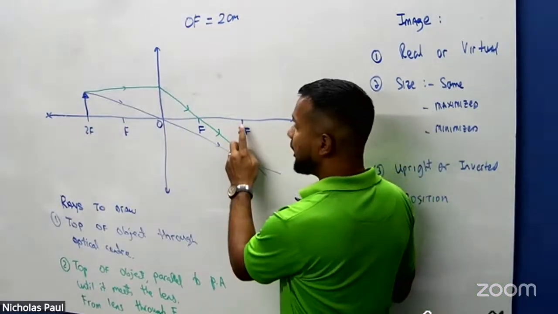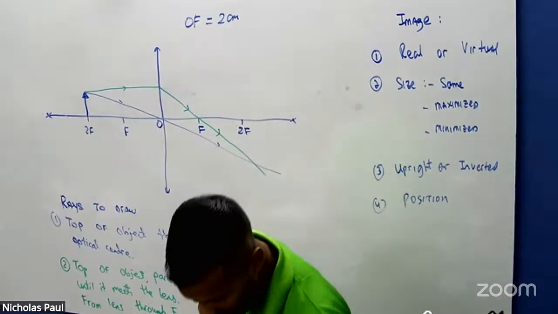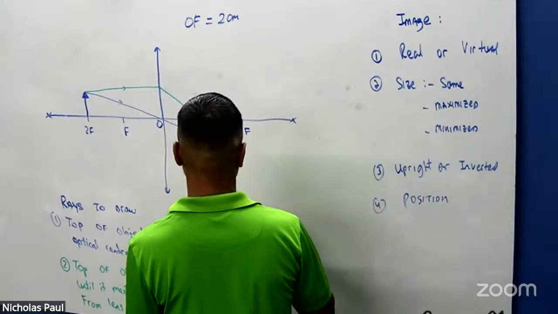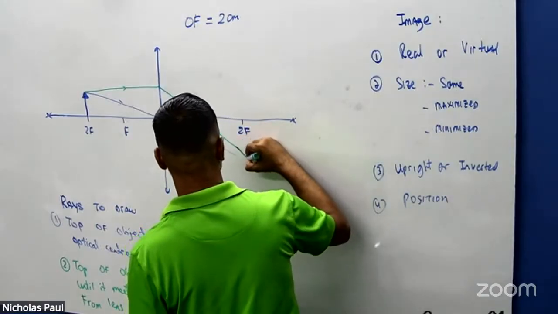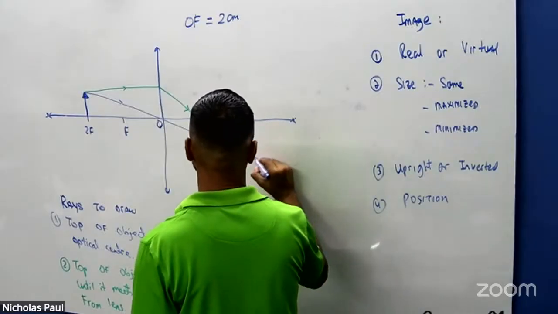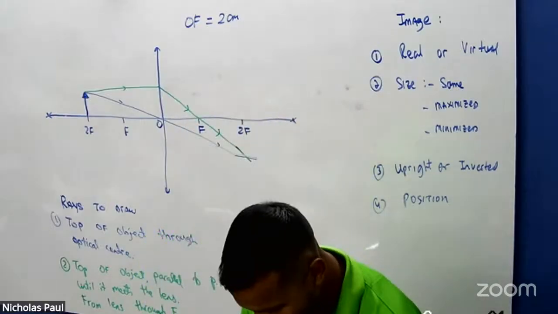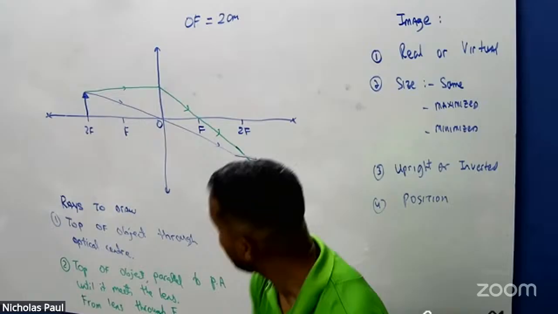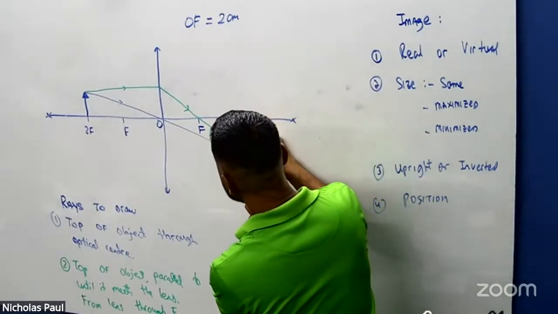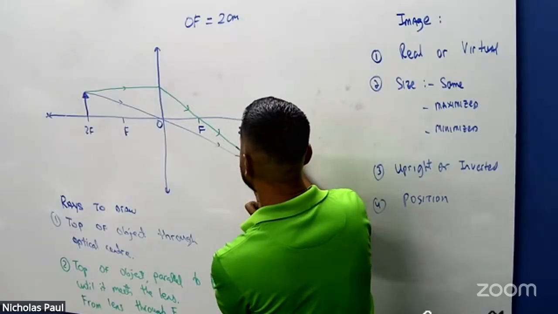And where the rays meet, the rays are supposed to meet there, right? So where these two rays meet, you draw down and you draw an image. This is your image.